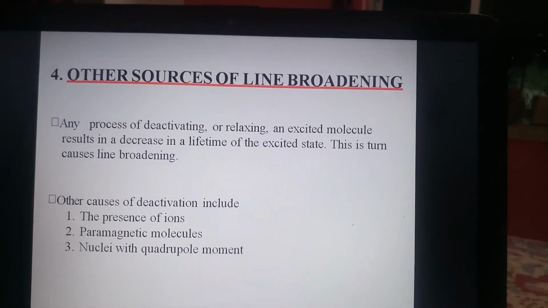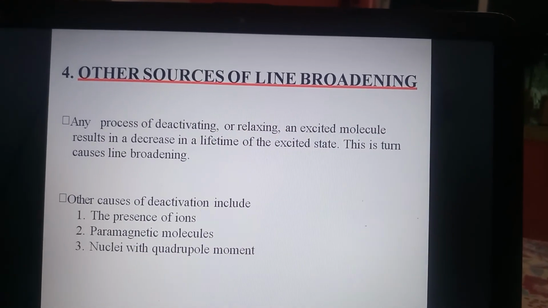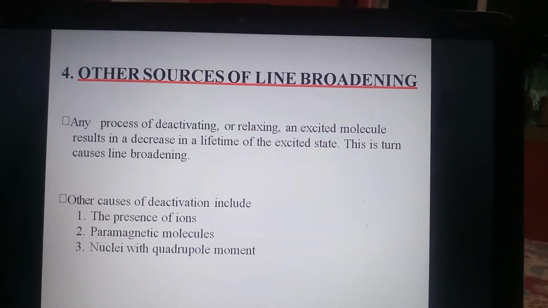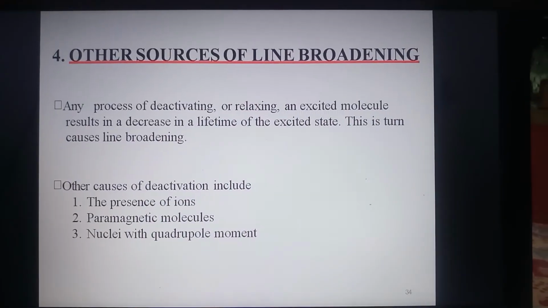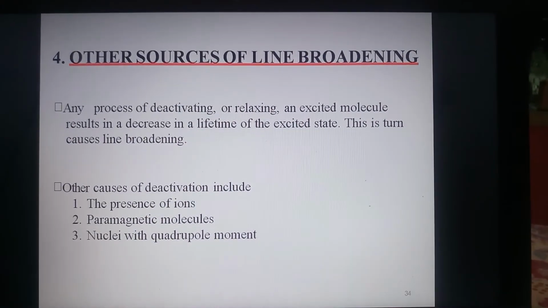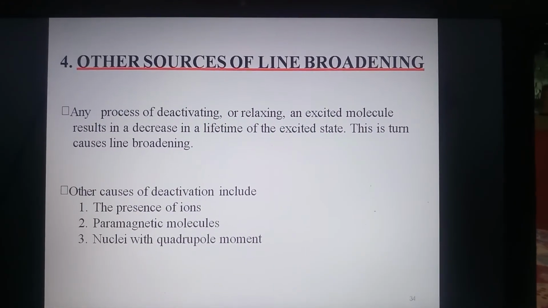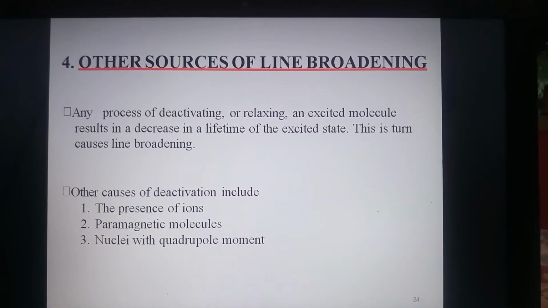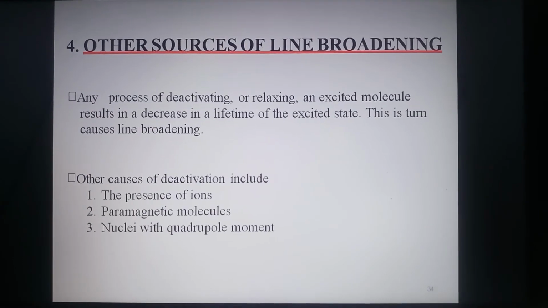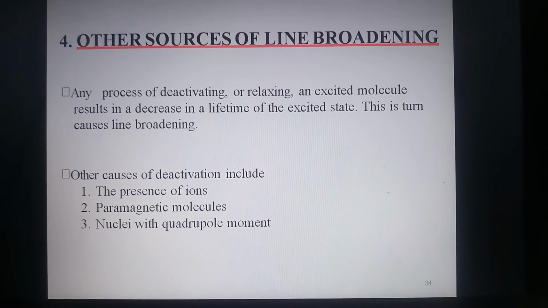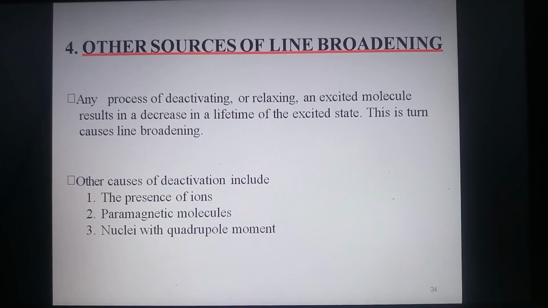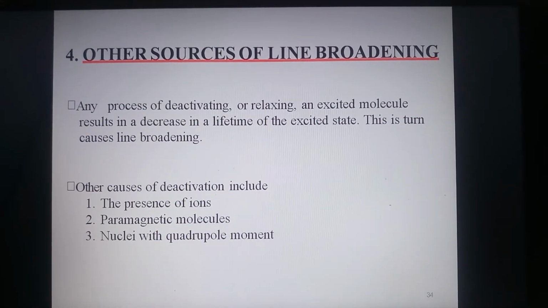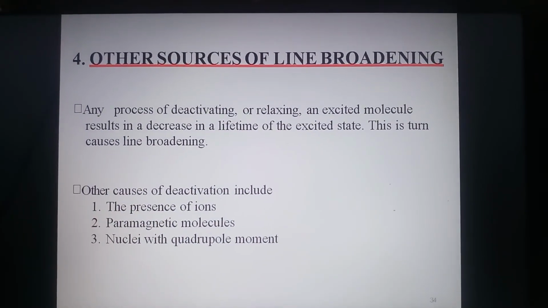Our last point. Any process of deactivating or relaxing an excited molecule results in a decrease in the lifetime of the excited state. This in turn causes line broadening. Some other causes of deactivation include the presence of ions, paramagnetic molecules, and nuclei with quadrupole moment.